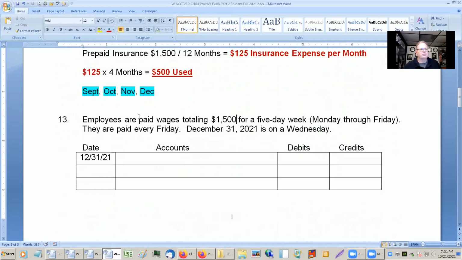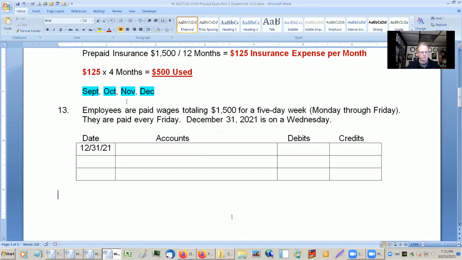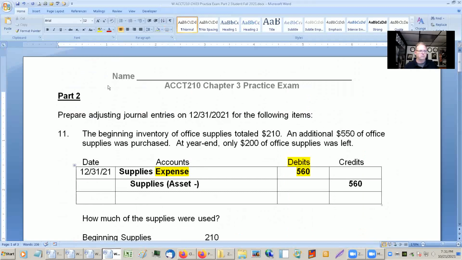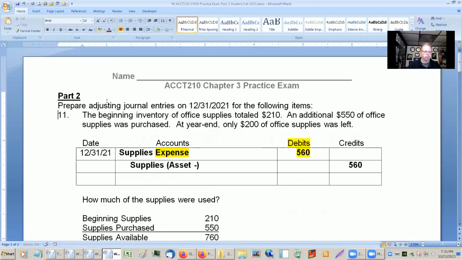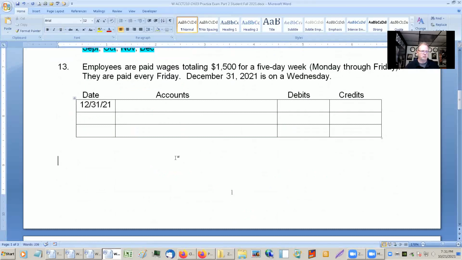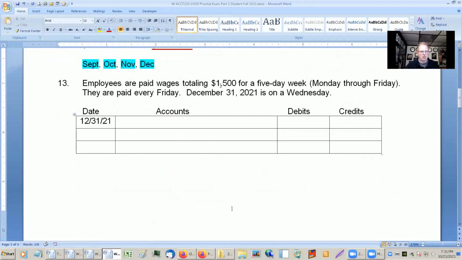Paid wages. Okay, so wages. It's $1,500 for 5 days a week. They are paid every Friday. Okay, so we owe them their wages.